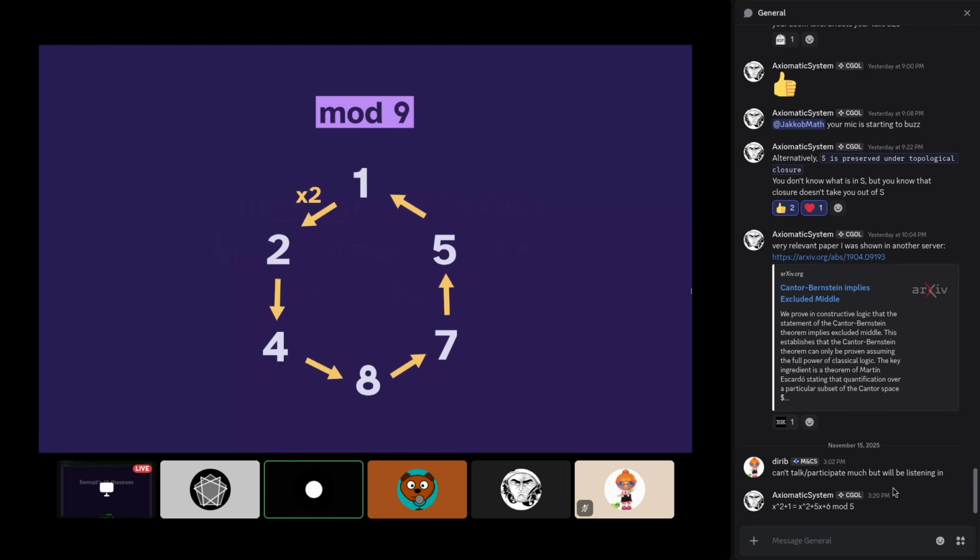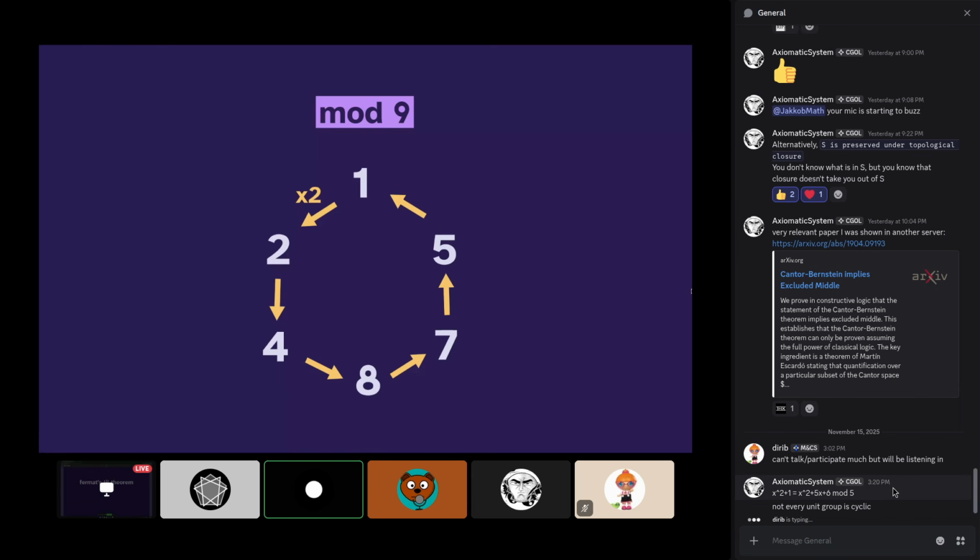Oh wait, maybe I misunderstood my own example. In the case of 6, I was confusing myself between addition mod 6 and multiplication mod 6.